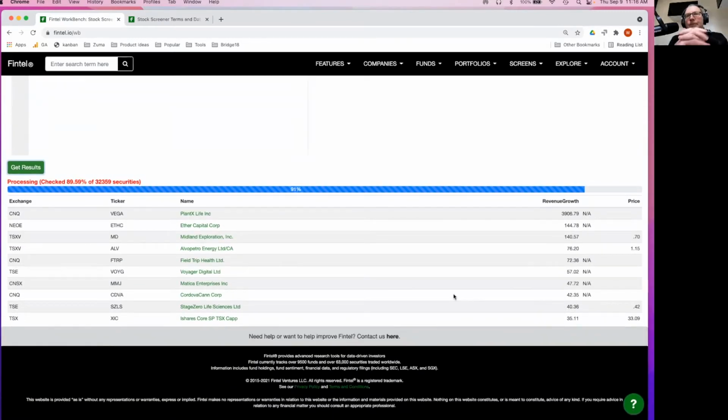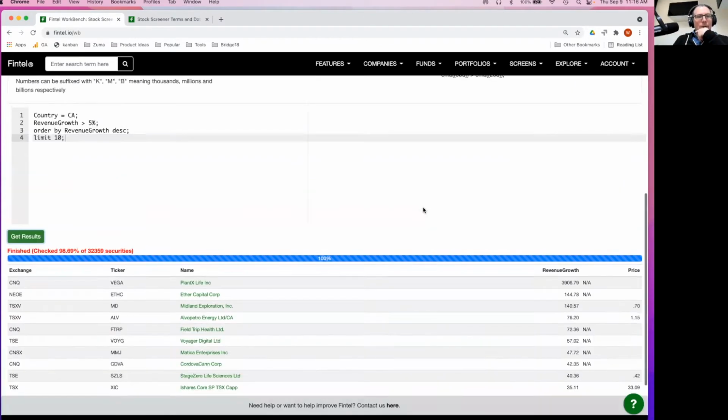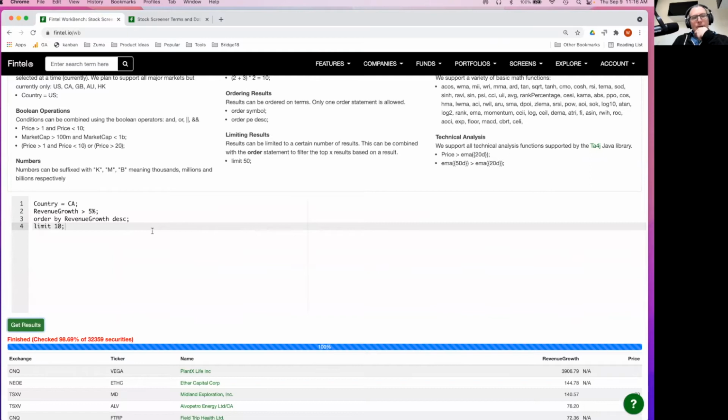There are a lot of uses for situations where you want to find the top 10 of something or the top 20 of something rather than an entire set. And this is a perfect example of how you could take a filter and then order the results and then select the top 10 or so as necessary.